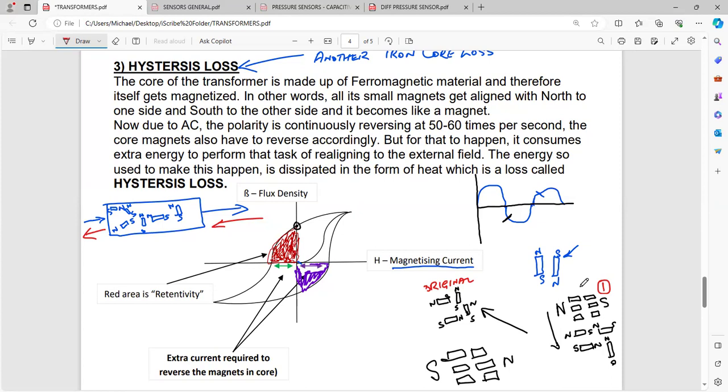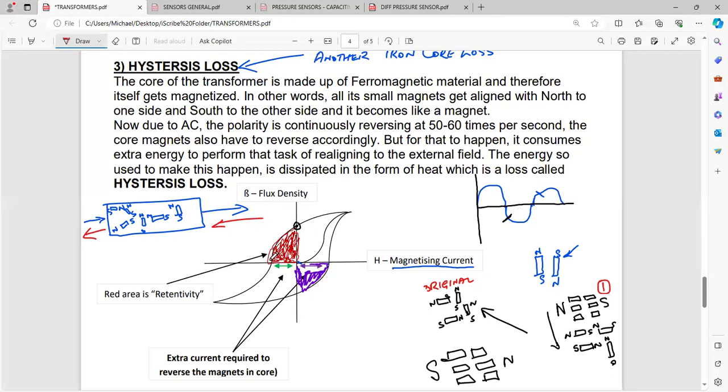So then, in order to bring it back into the original position like this, you have to take that magnetizing current in the opposite direction. That means now from the positive side, you've gone to 0, and now you've gone into the negative side of your AC cycle. And that is depicted here on this graph in the negative direction. This is the positive direction. This is the negative half of your AC cycle.